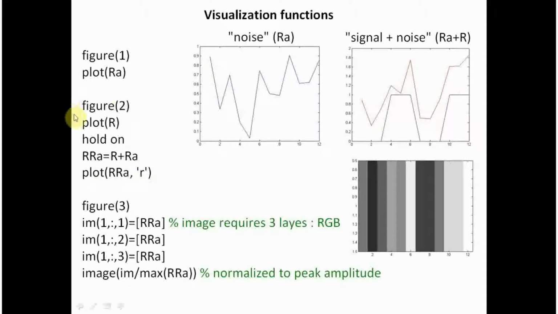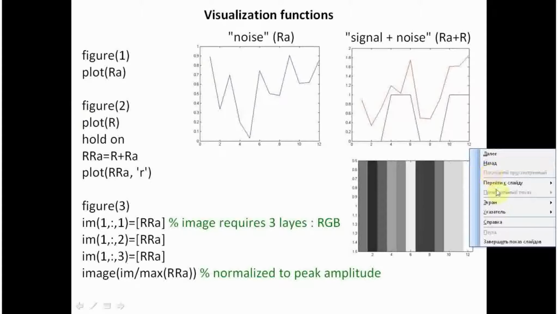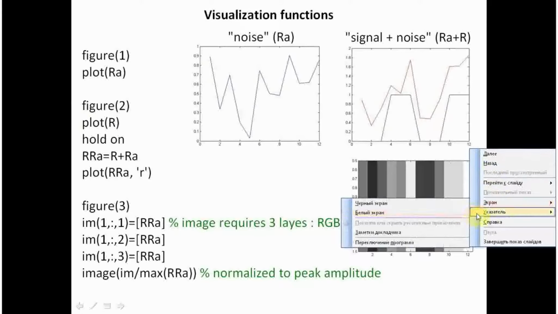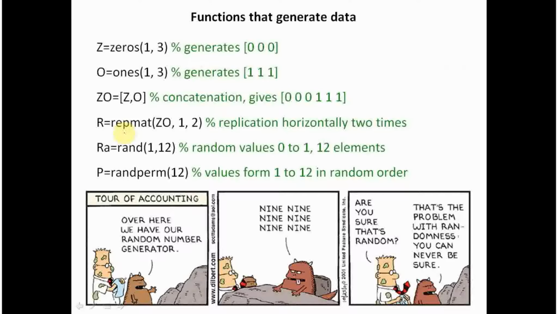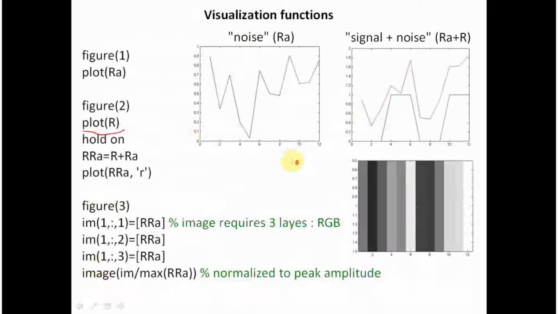In the figure 2, we first plot R. This R. R is the result of repmat. So this line repeated 2 times.